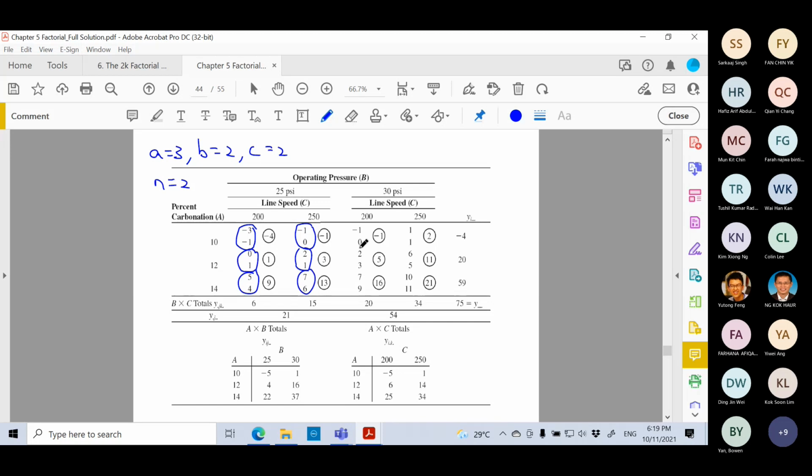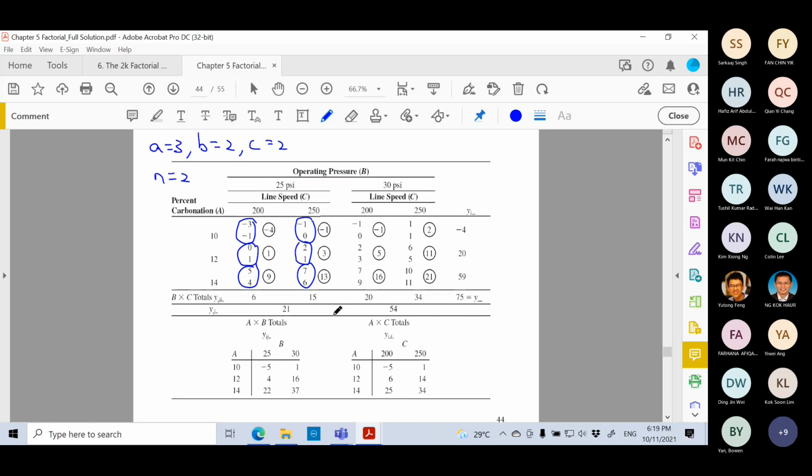The brackets here are used when they want to calculate the interaction effect; they need to use the values here to calculate the interaction sum of squares. So they put the bracket here, referring to the total of -4, then the total of 1, and so on.